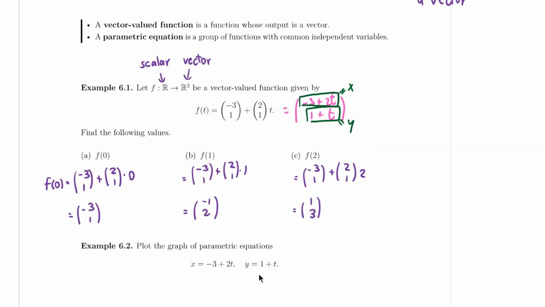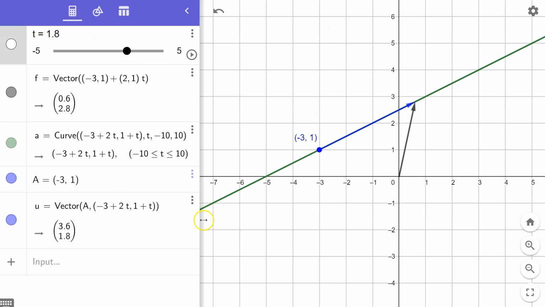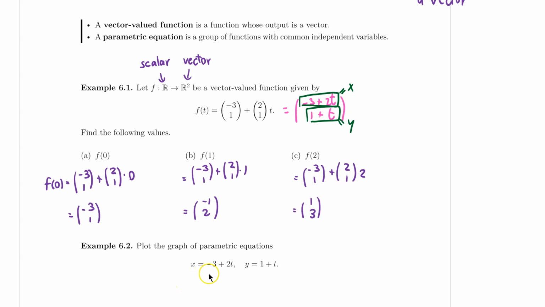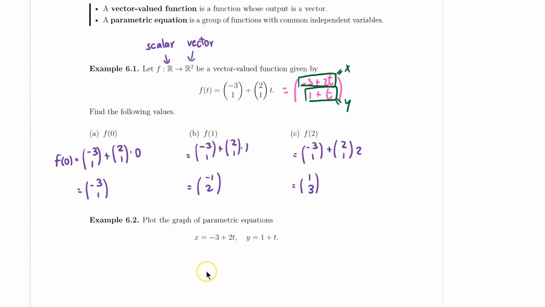Now, we have seen the graph for this earlier. It's going to be the same graph, the same green line here. But for now, let me show you another way that I can plot the graph for this one. I can try to eliminate the variable t here.